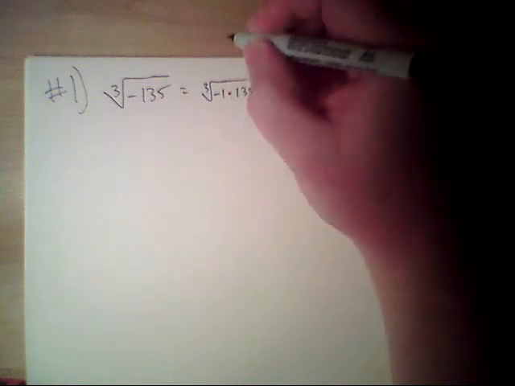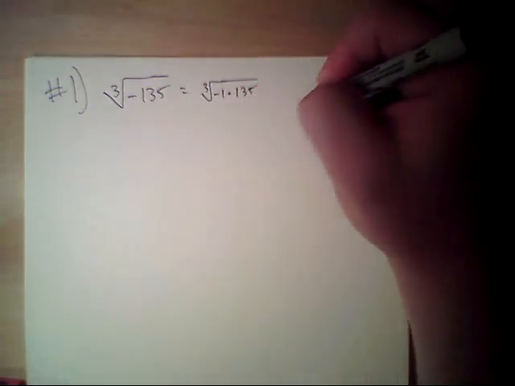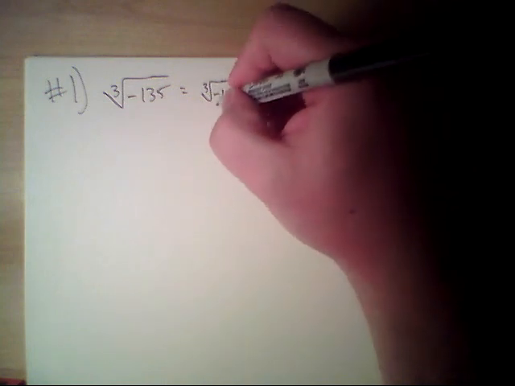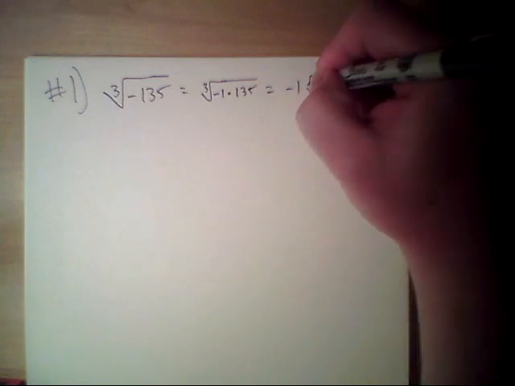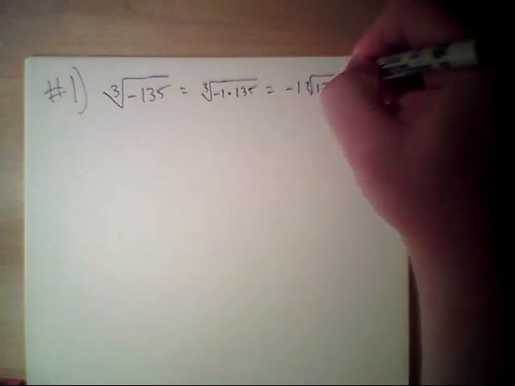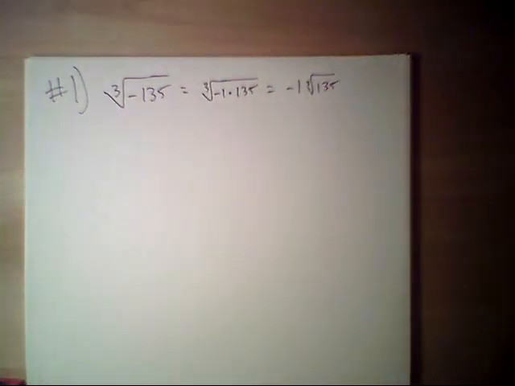And the cube root of negative 1, well, negative 1 times negative 1 times negative 1 gives you negative 1 back. So this negative 1 can just come right out. So this is going to be equal to negative 1 times the cube root of 135. So negatives, they just come right out on an odd root.